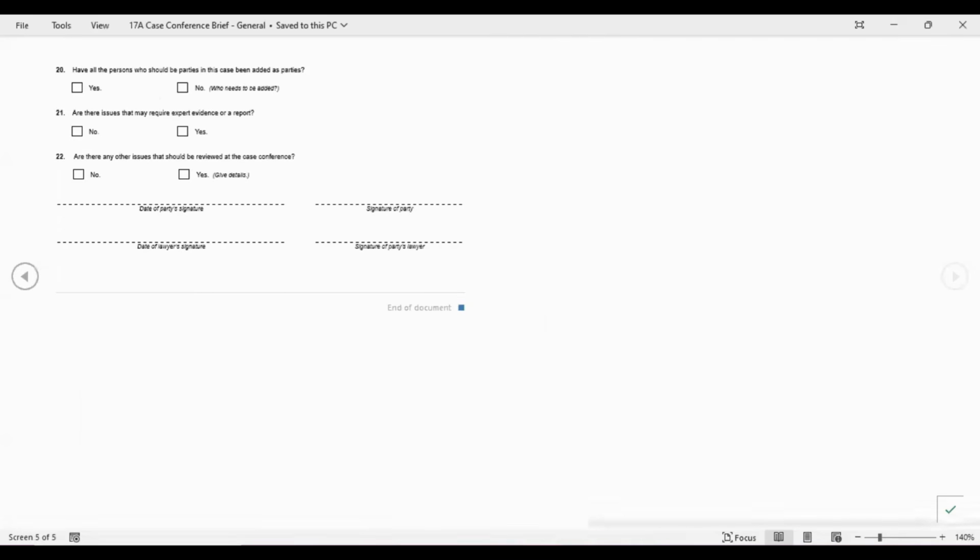So these case conferences, you want to put in what the issues are. What has happened since first appearance until the case conference? What's going on? So if you do not serve and file this document, if you're the applicant, at least 6 business days prior, and the respondent at least 4 business days prior, your matter may not be heard.